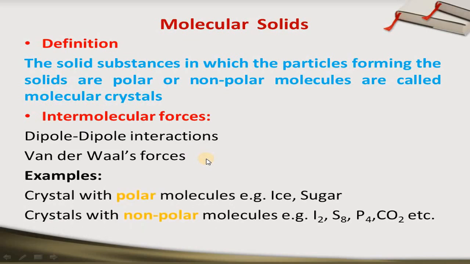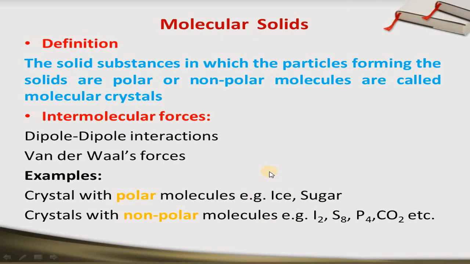Examples: crystals with polar molecules, for example ice and sugar. And crystals with non-polar molecules, we have iodine, sulfur, phosphorus, carbon dioxide, etc.